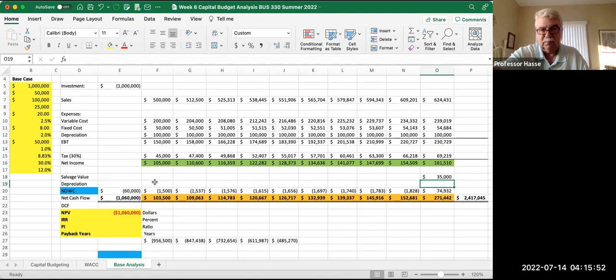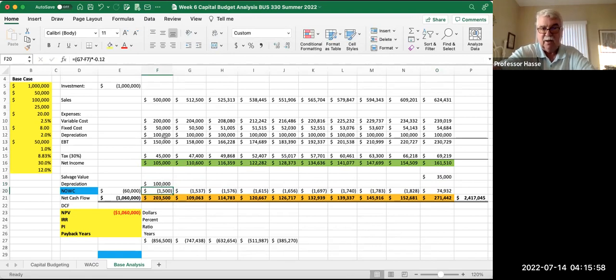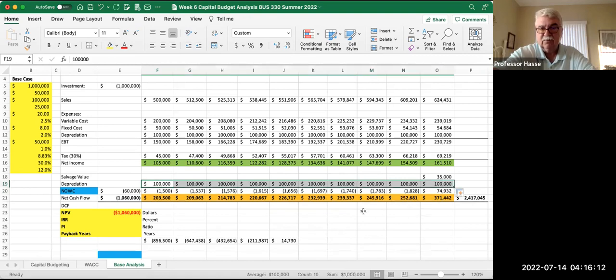The final piece of the puzzle is we have to add back in depreciation. Remember, depreciation is an operating expense of the project, but it's a non-cash operating expense. So we can add that back in as positive cash flow down here, all the way across. And there's our 100,000. So now we've determined with our variables, net income.